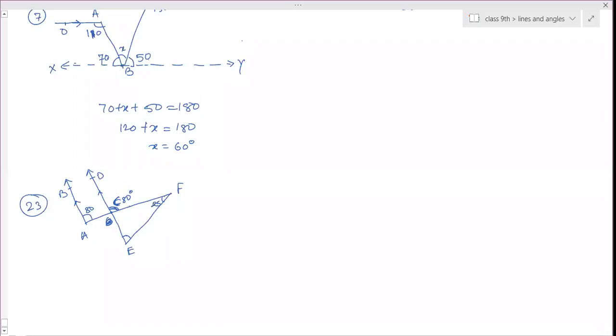So sum of angle AFE and DEF will be 80 degree. Angle DCF is equal to angle CFE plus angle FEC. So this is 80. This is 25 plus FEC we have to calculate. That is 80 minus 25, which is 55.